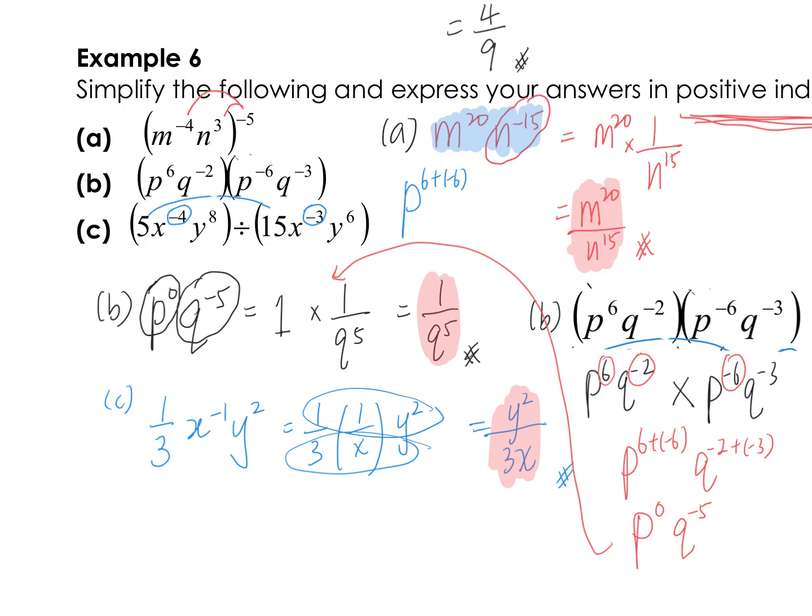You can also leave your answer as this and it is done. No need to bring the x down and so on. So it depends on the question. Only if they say positive index notation, then you need to change. But if you OCD, you want to change, it is also correct.